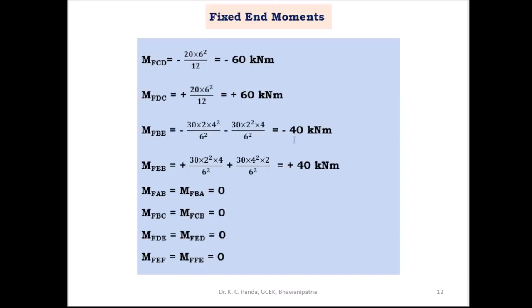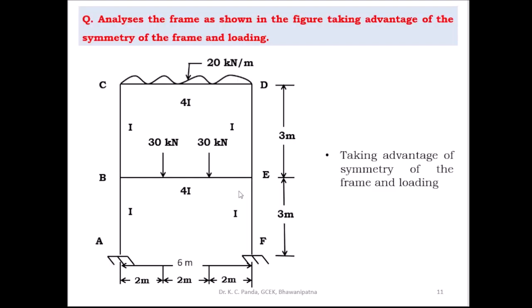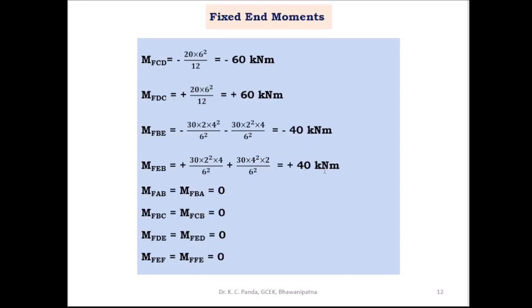This is equal to minus 40 kilonewton meter. Similarly, find MFEB. MFEB is equal to plus 30 into 2 square into 4 by 6 square, plus 30 into 4 square into 2 by 6 square. So this is equal to plus 40 kilonewton meter.